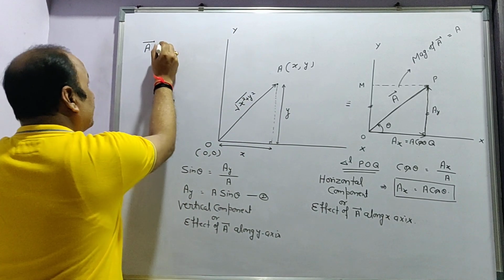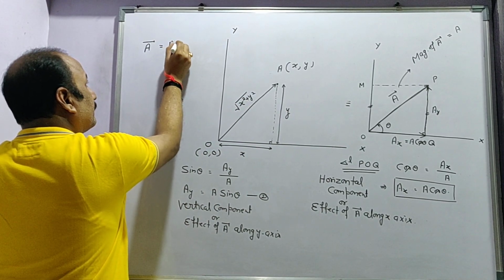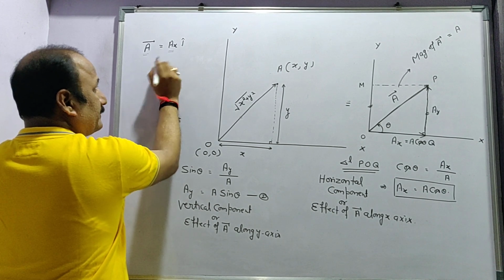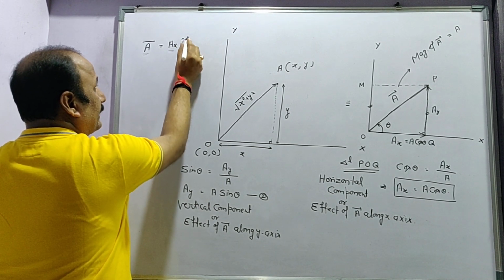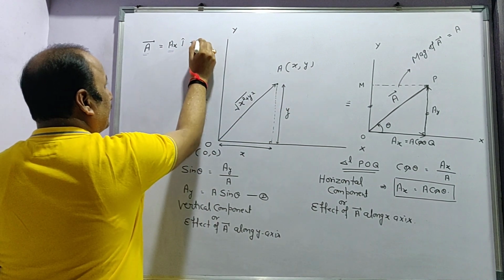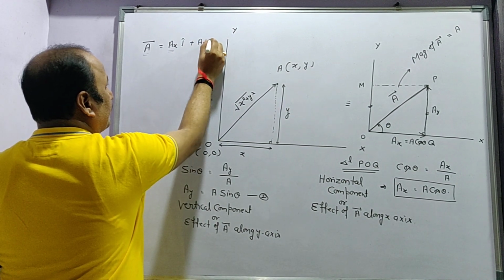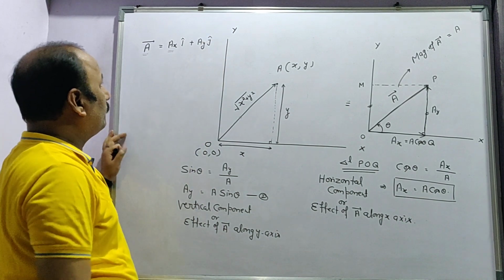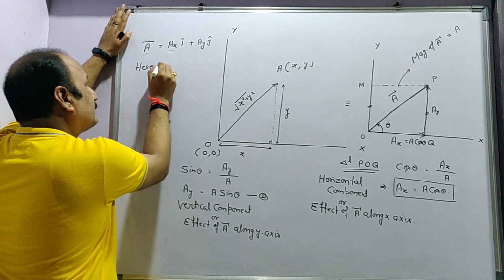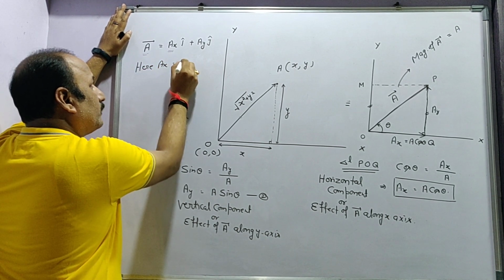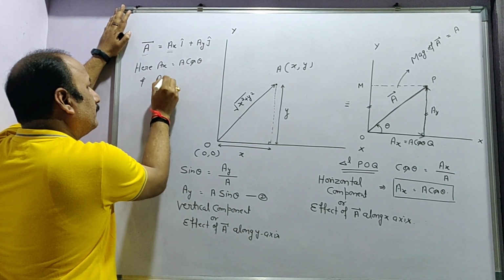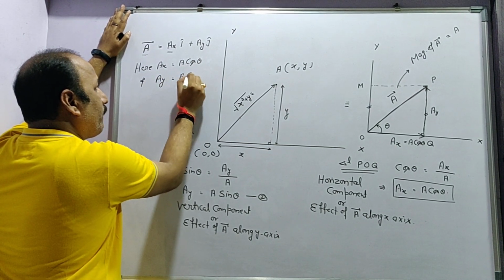So vector A can be written as Ax i cap, meaning the effect of vector A along the x-axis is Ax, and its direction is along the x-axis, that is i cap. So we can write this resultant vector as Ax i cap plus Ay j cap. Now here, Ax is A cos theta and Ay is A sin theta.